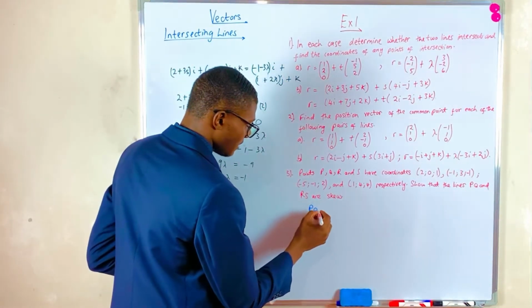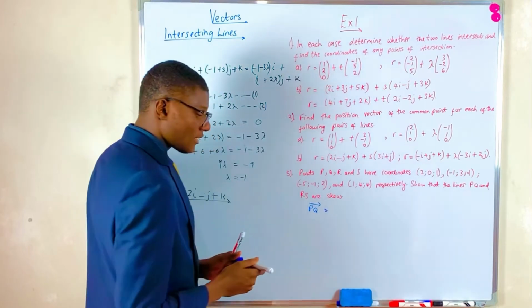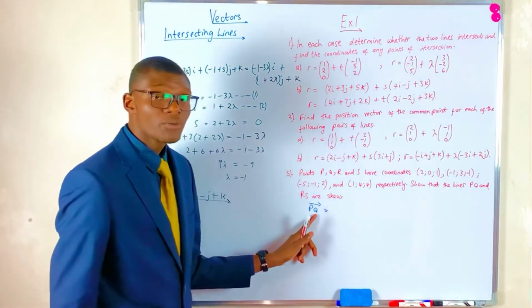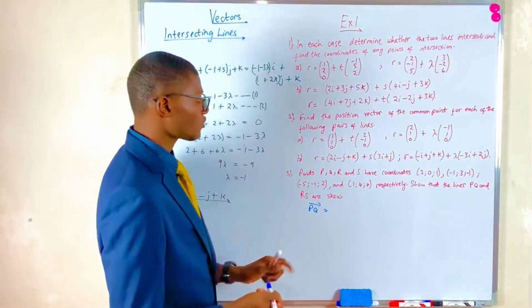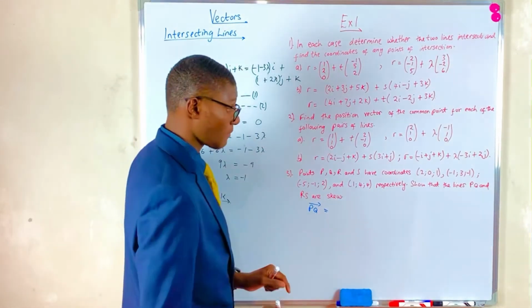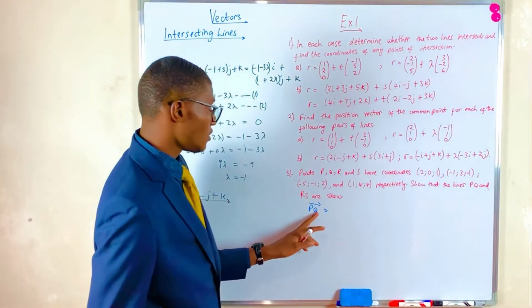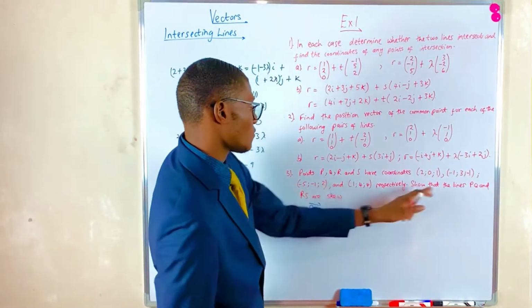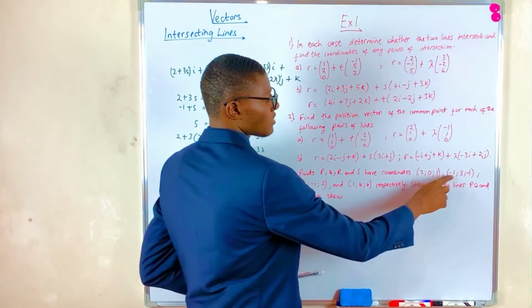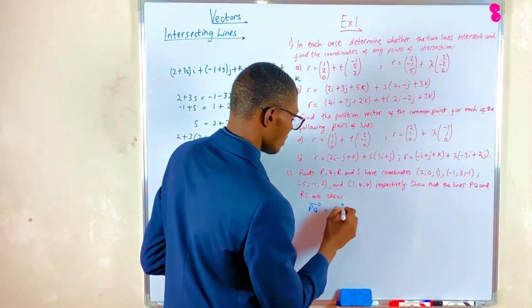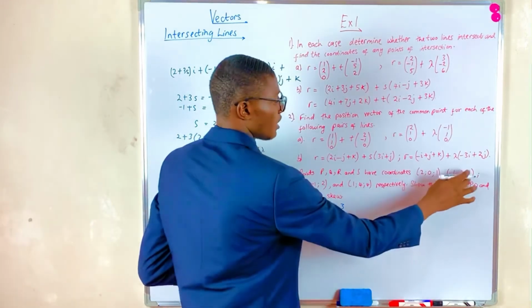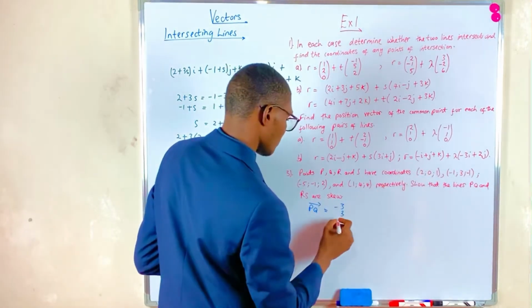the vector PQ. And vector PQ shall be given by point Q minus point P. So point Q minus point P: we're saying -1 minus 2, that's -3, and then 3 minus 0, that's 3, and -1 minus 1, that's -2.